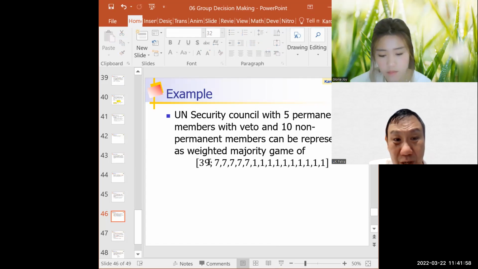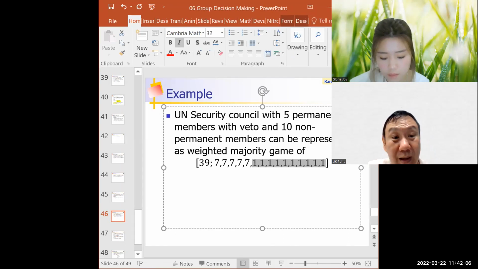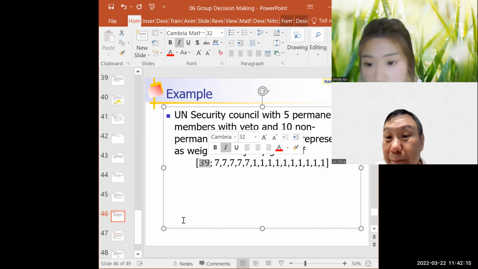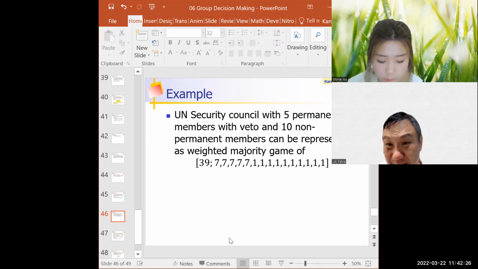You can check, if the 10 non-permanent members, for example, all agree, it's just 10, less than 39. So they need 39 votes in order to pass a resolution, right? So that's the meaning of veto power. You need the consent of the permanent members in order to pass the action.